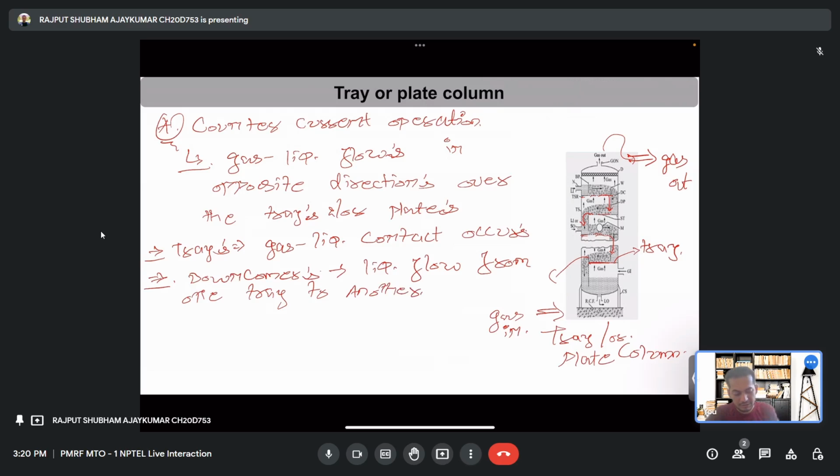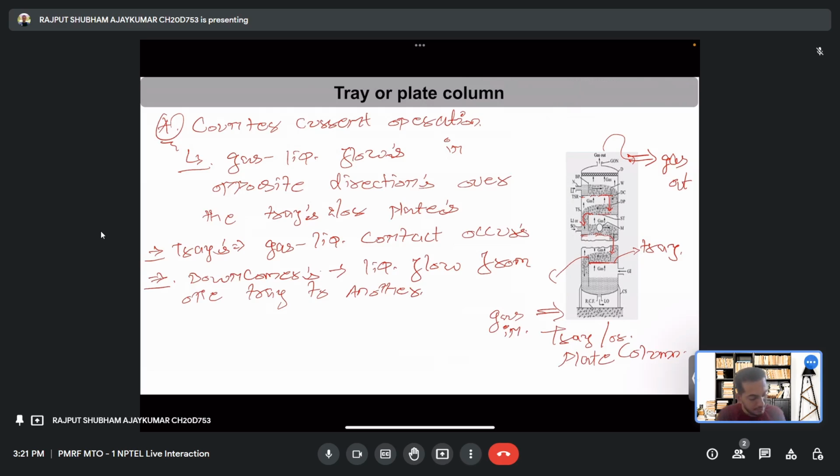Okay, and the inlet and outlet nozzles are for the two different phases, that is for the gas and the liquid. Okay, so this is the basics of the tray tower. There will be a downcomer, there will be weirs, there will be trays which will be either sieve tray, valve tray, or bubble cap tray, depending on the type of products you want to process, and there will be two outlets for the two different phases, that is the gas and the liquid you are going to process.